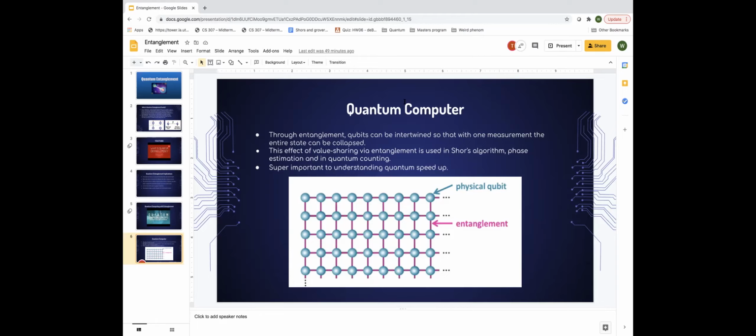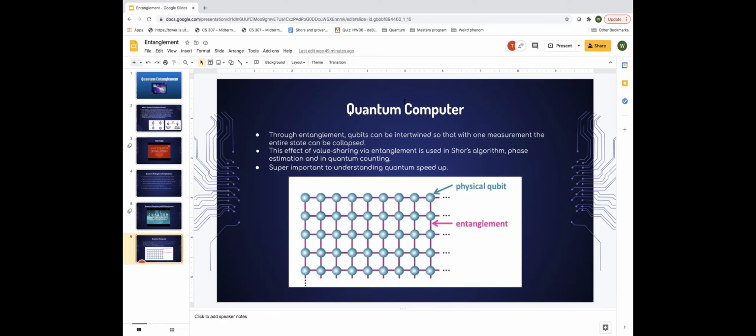And this kind of effect of value sharing through the entire system is really important in Shor's algorithm, which is, if you've heard people say quantum computing can break all of encryption and break Bitcoin and all that stuff, that's Shor's algorithm.